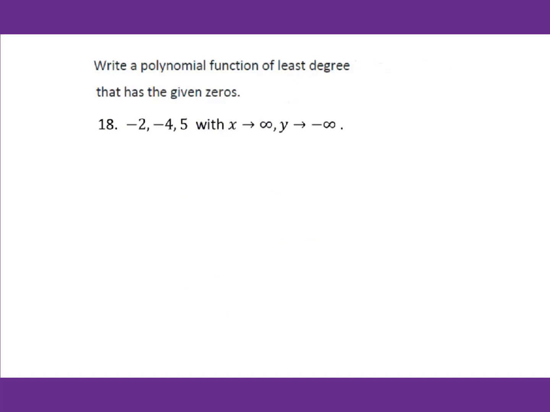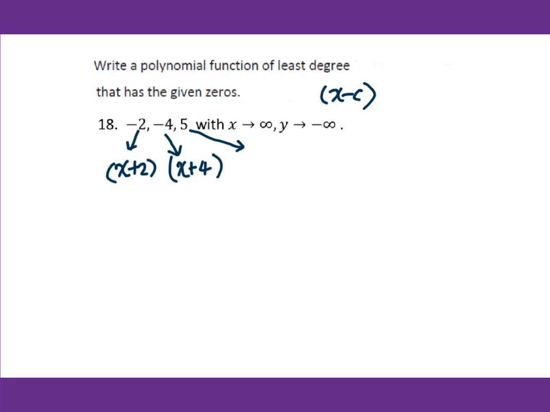Write a polynomial function of least degree that has the given zeros. Remember, for given zeros, the factor will be x minus c. Therefore, for -2, we can write down x plus 2. For -4, I can write down x plus 4.